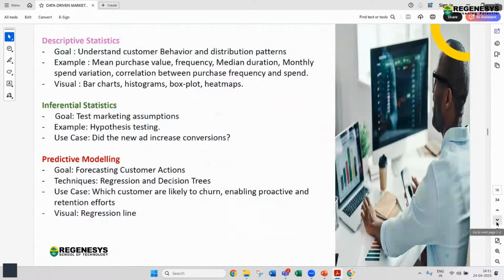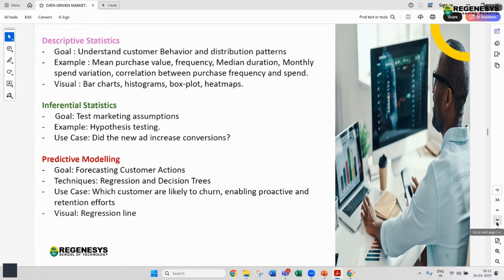Next slide, please. So the first one, descriptive statistics. Descriptive statistics helps you understand customer behavior and distribution pattern. If you want to know the customer's behavior towards the purchase, what the variations are with respect to age, this can be found out by making use of measures of variability, that is, measures of dispersion. And if you want to know how frequently a person is visiting the website or purchasing the product, then we make use of measures of central tendency.